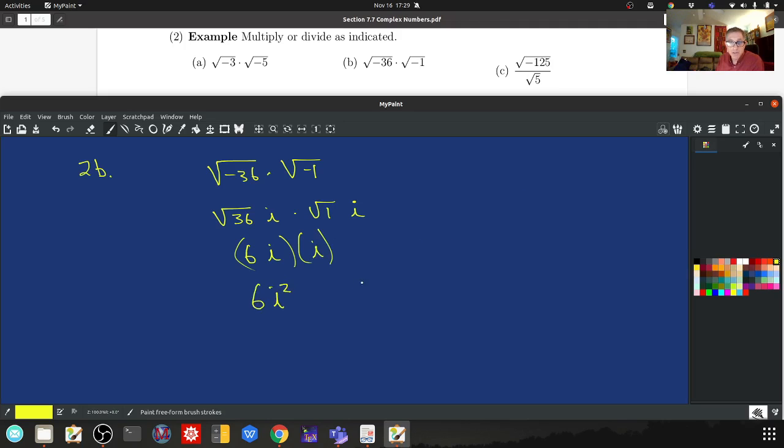But I squared is equal to minus 1, so that's minus 6.